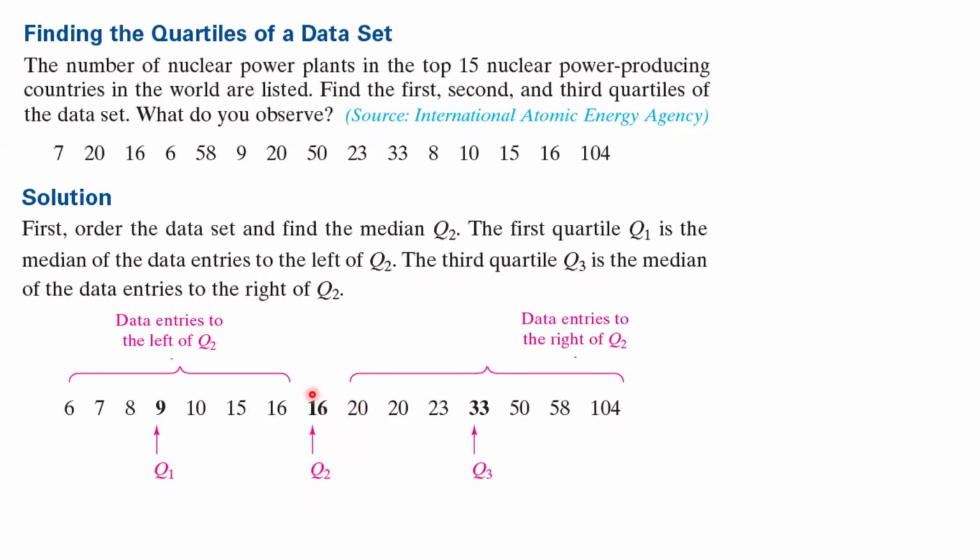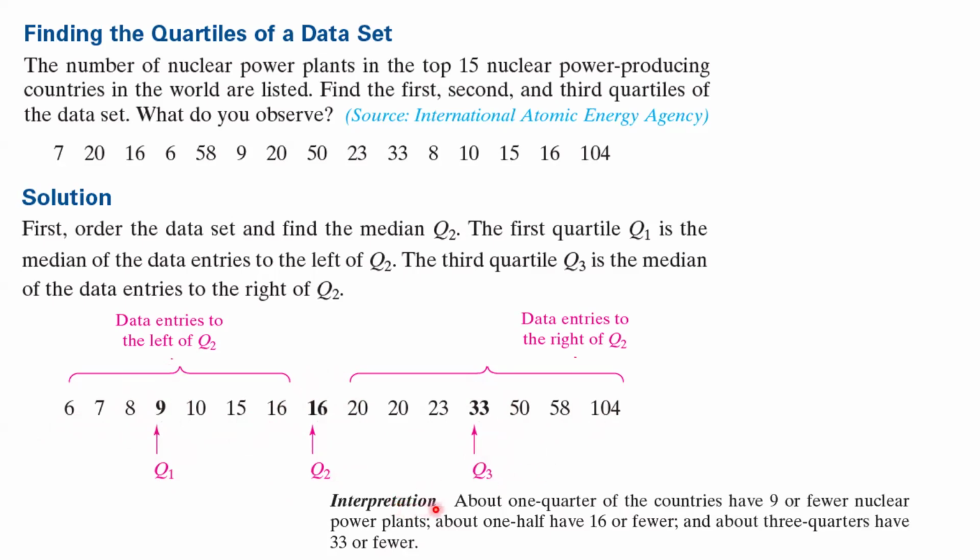The very first thing we found is the second quartile. The second quartile divides up the data into 2 equal sets, 1 set on the left, 1 set on the right. Then the median of the data on the left-hand side is the first quartile. The median of the data on the right-hand side is called the third quartile.